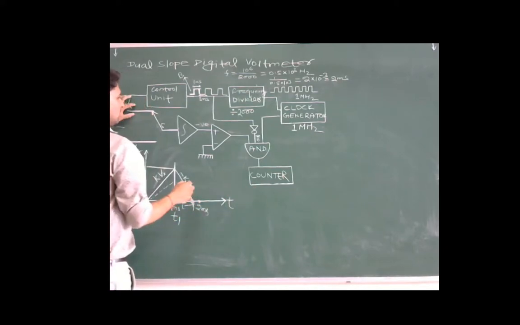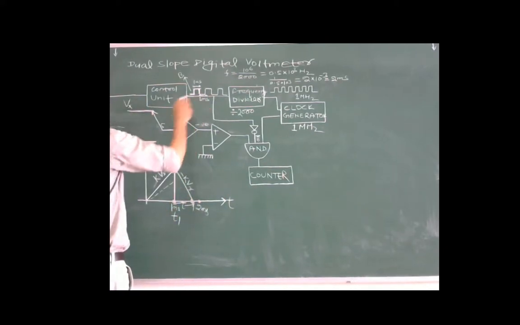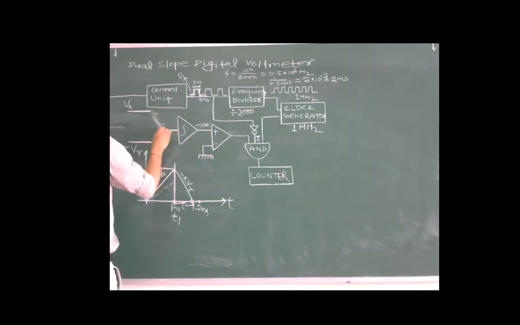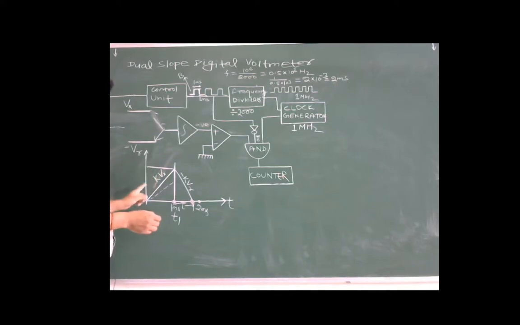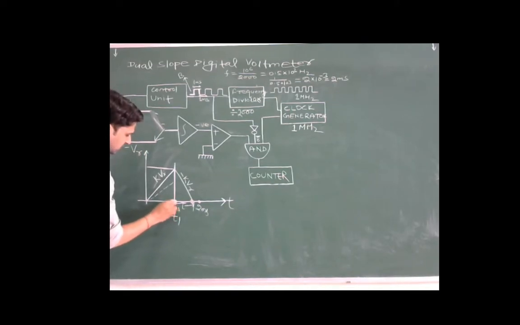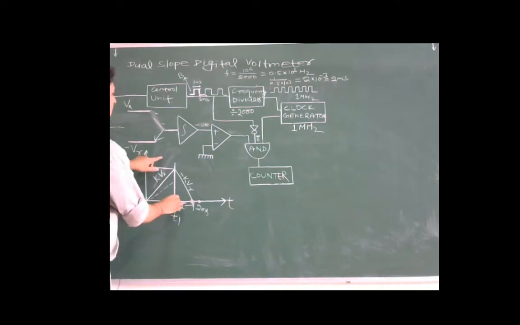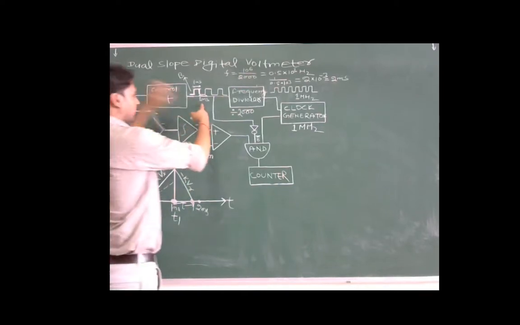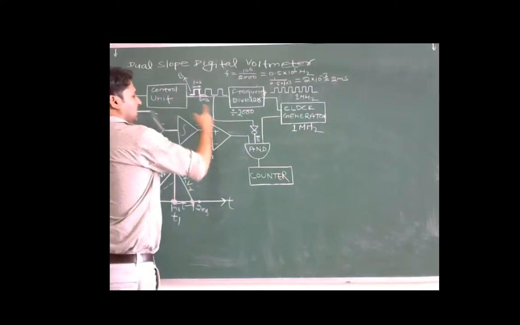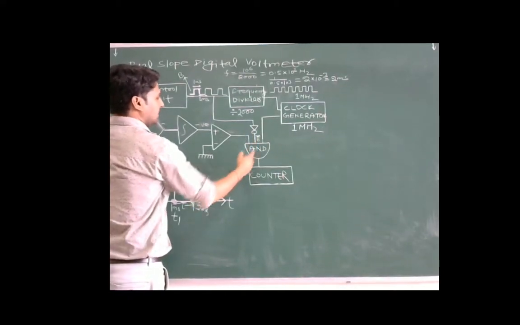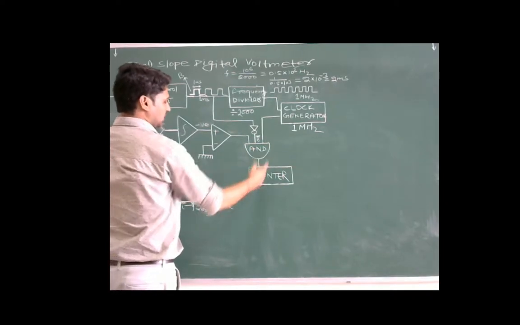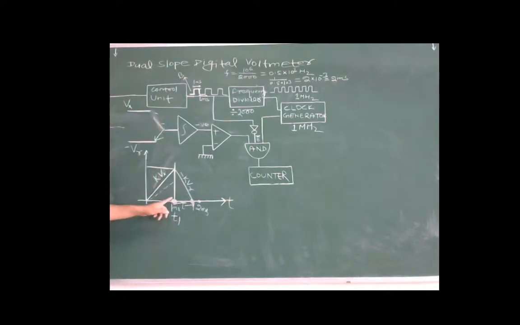And when this signal becomes low, this switch will be connected to minus Vr, and the output of this NOT gate will be high. When all these three signals are high, the clock pulse will pass to the counter and the counter will start counting at this moment.